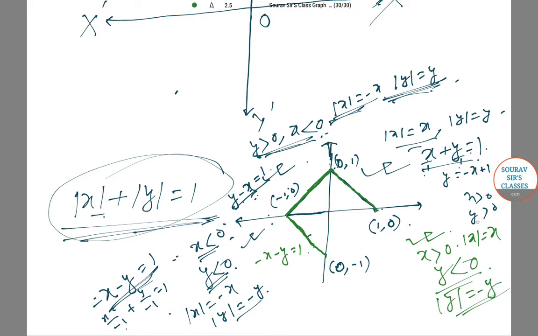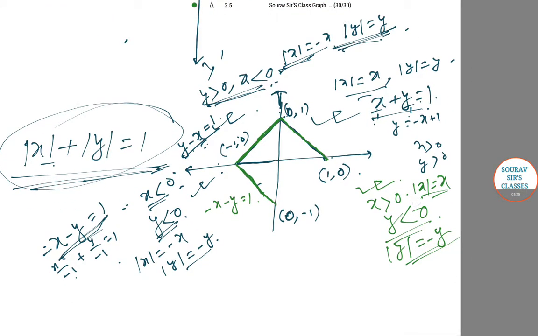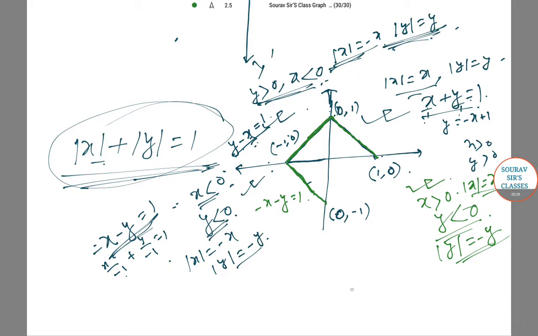So now our function is x minus y equal to 1. So it will cut the x-axis at 1, 0 and the y-axis at 0, minus 1. So it is the line.